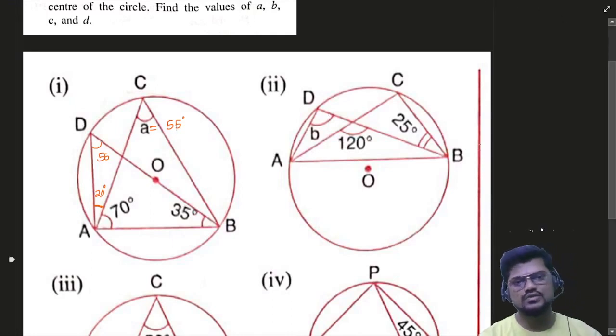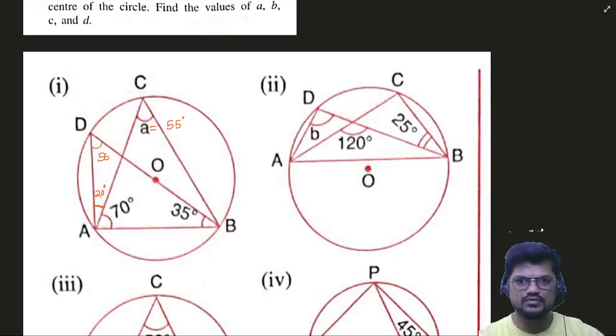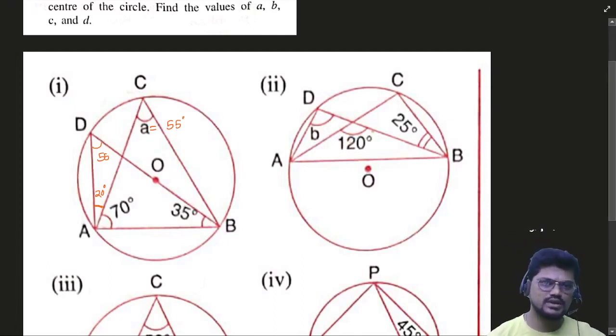Now see over here, I'll solve this question. How we can solve question number B first. See, this is 120. This is angle 25. Okay, this AB is not even a diameter. So what I can say, this angle will be 60 degrees because it's a linear pair.